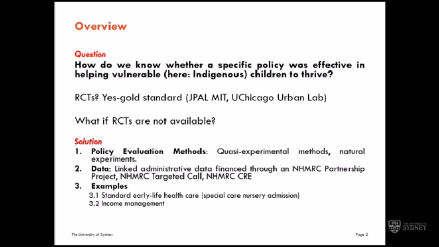There is nothing else that is better than a randomized control trial. And many nations in the OECD and also in other countries do allow researchers to conduct randomized control trials on all sorts of interventions to help vulnerable children, or children in general, or human beings in general. And I would like to point out the work by J-PAL at MIT.